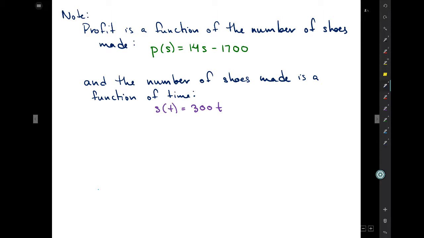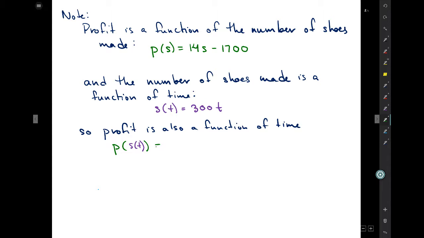So what we can notice here is that profit is also a function of time, and we realize this because we take our function P and we stick in S, but instead of just sticking in S, we stick in S in terms of T, and so we get that P is 14 times 300T, times that S, minus 1700.